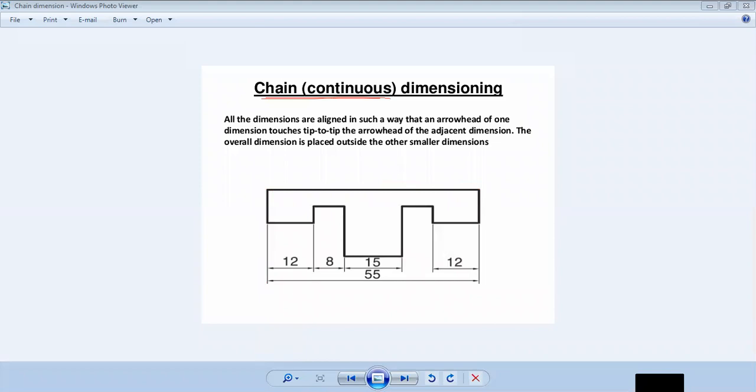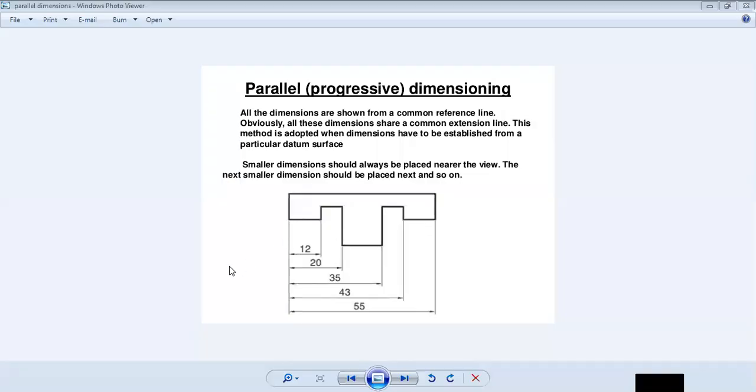Now we will see parallel dimensioning. Can you see the screen? It is the same object that was shown for chain dimensioning. Now here all the dimensions are shown from a common reference line. This line is the common reference line for this particular problem.